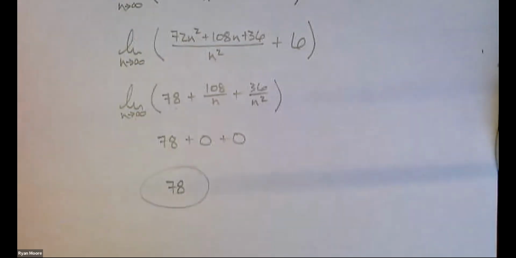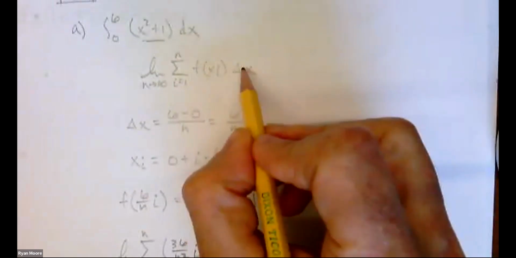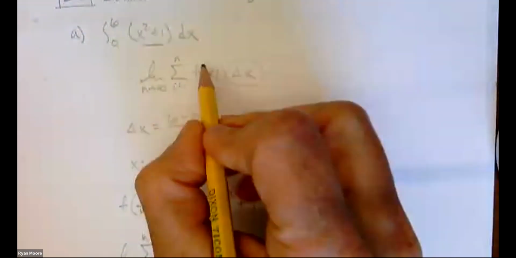So what did we do? Just kind of recap how we went through this. First thing, start by finding your delta x and your f of x sub i using that theorem. So find x sub i, plug it in, clean it up as best you can. Then plug both of those in here to our formula with the limit and the sigma.